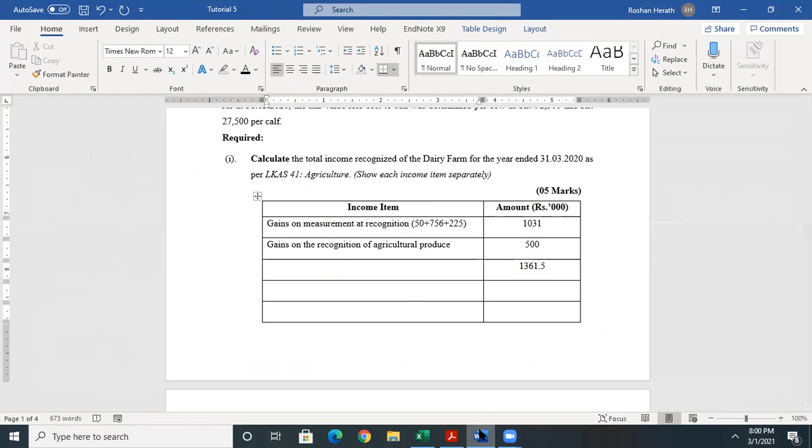It's about the gain on remeasurement of biological assets. We have two categories, the matured one and the immature.